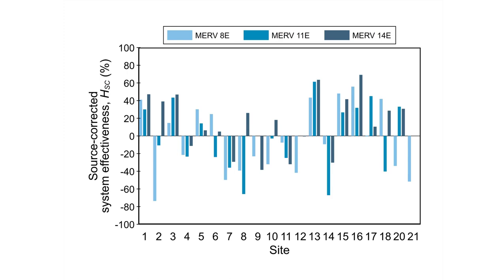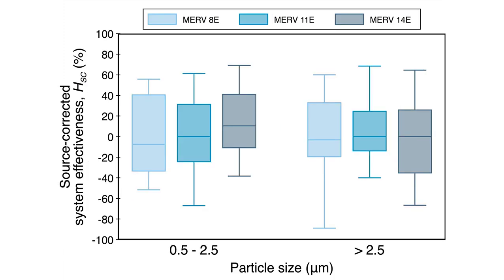About half of our bars are below 0, indicating that the concentration was higher. So this really suggests that in these homes, the level of filtration didn't make much of a difference. And that's backed up by the other things we did in the study. This shows all of our data put together. This also shows both particle size bins that the optical particle counter has.